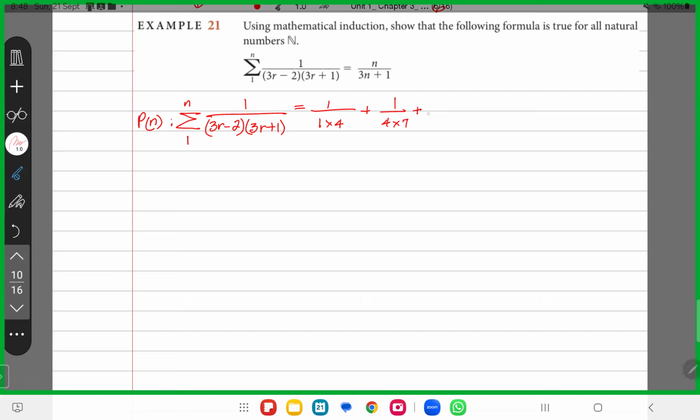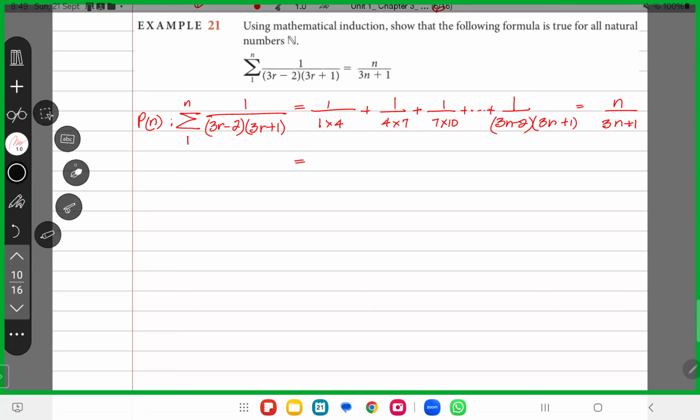So the next term would be 1 over 7 times 10. We can't write all of them. And we're going to continue doing this until the nth term, which is 1 over 3n minus 2 multiplied by 3n plus 1. And this we're told is equal to n over 3n plus 1.